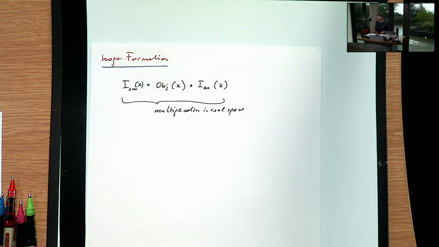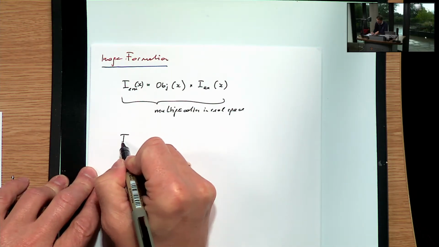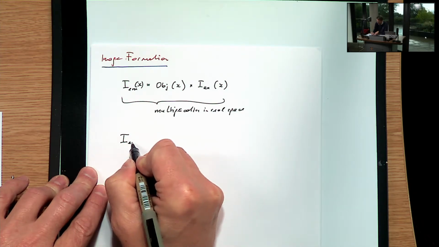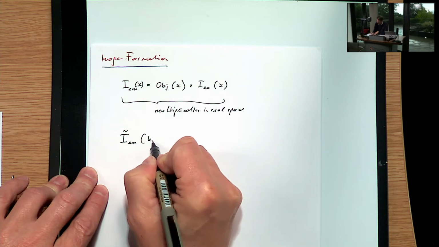And in Fourier space, we know that the spatial frequencies are given by the Fourier transform.